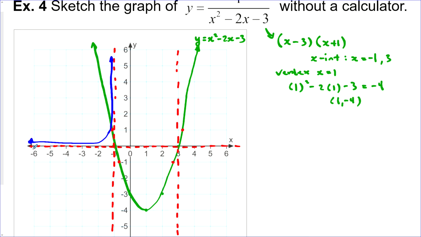We have to exaggerate the distance between the graph and the asymptote. This one here, watch this, it's decreasing up until the vertex. So that means our reciprocal needs to increase. So like this, increase, increase, pass through that invariant point.